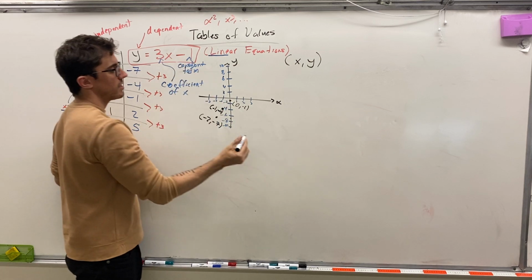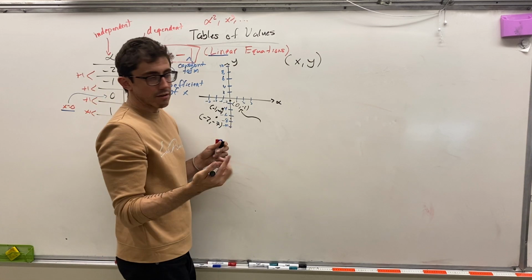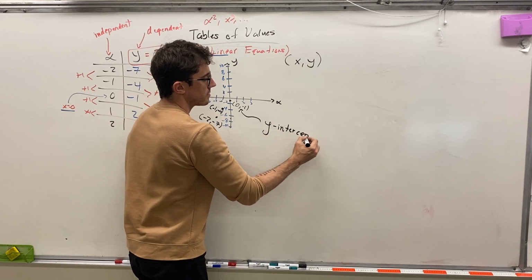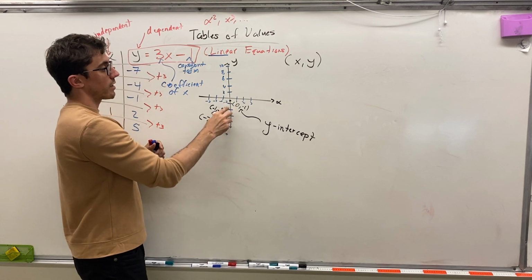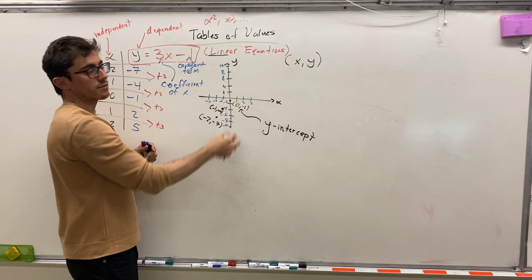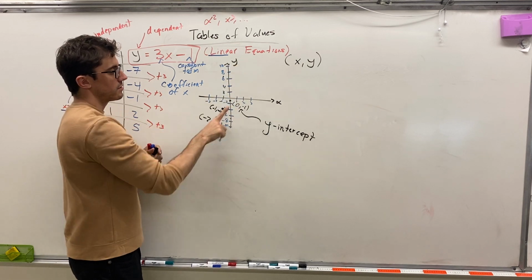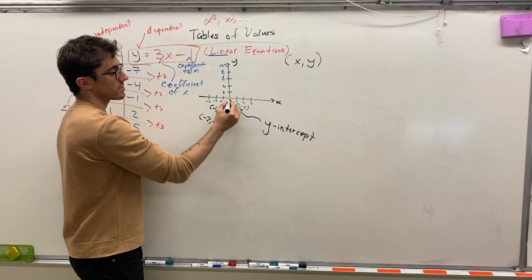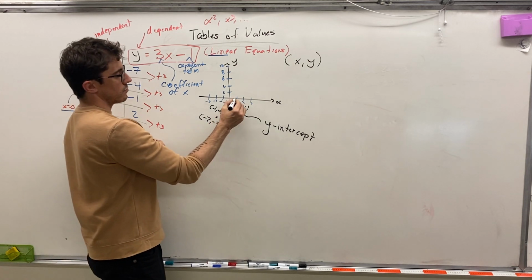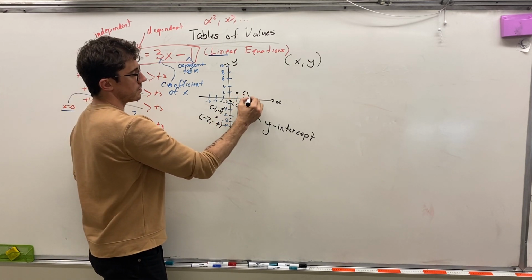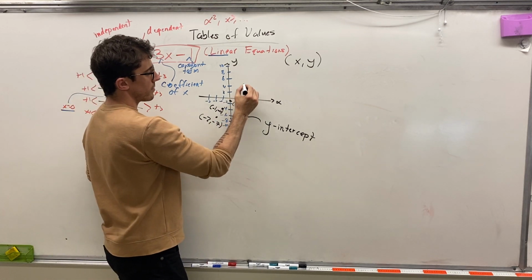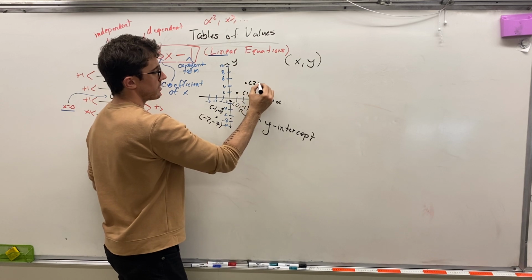This is something we're going to see later on in math. You'll refer to this point as the y-intercept, because this is the point where our function intercepts the y-axis, crosses the line at this point. The next 2 points are 1, 2, and finally our 5th point will be at 2, 5, somewhere around here.